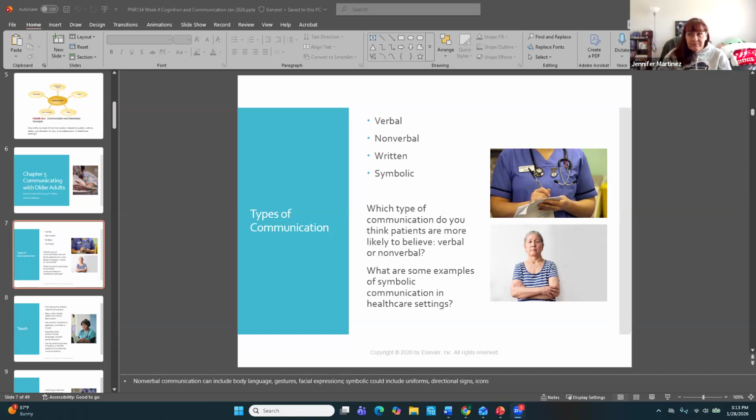And so when I like this question, the question asks, which type of communication do you think patients are more likely to believe, the verbal or the nonverbal? Nonverbal, right? Because they're looking at you. They're like, oh, there's something going on.